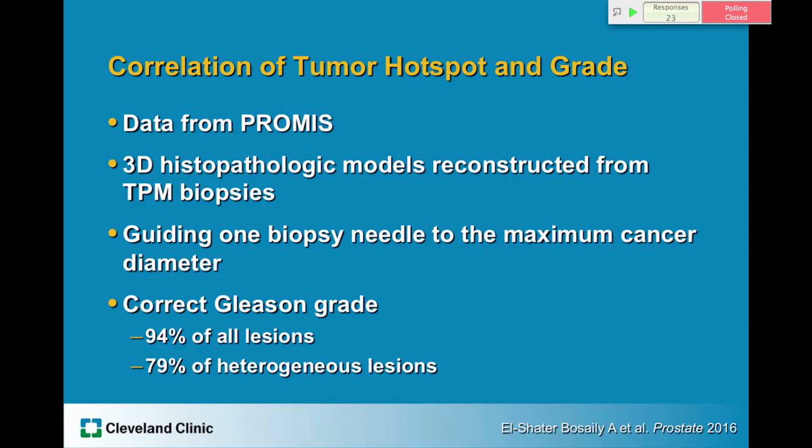And they performed virtual biopsies, guiding one needle into the maximum diameter of these cancers. And they estimated that by doing that, you would accurately assess Gleason grade 94% of the time for all lesions and 79% of the time for heterogeneous lesions.